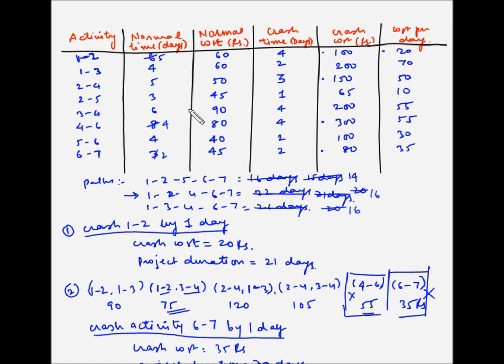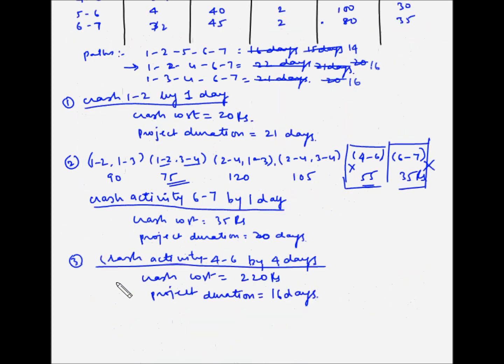Now we have to crash the combination of the two. So the minimum common time between the two activities is 1, which can be used for crashing. So let's crash activity 1 2 and 3 4 by 1 day. So fourth is crash 1 2 and 3 4 by 1 day.